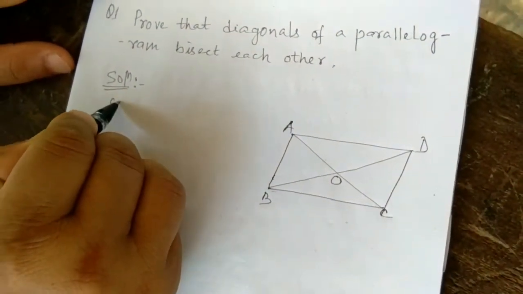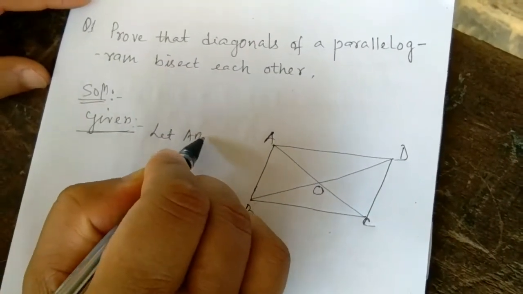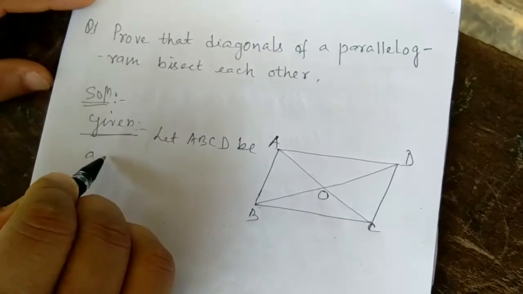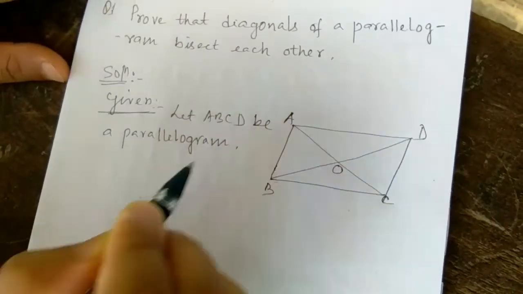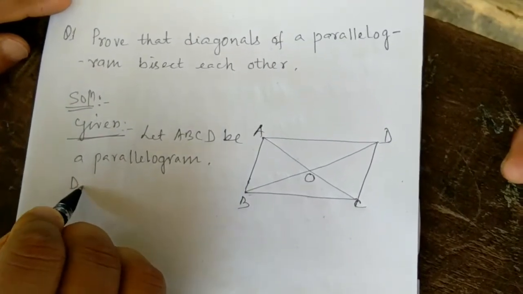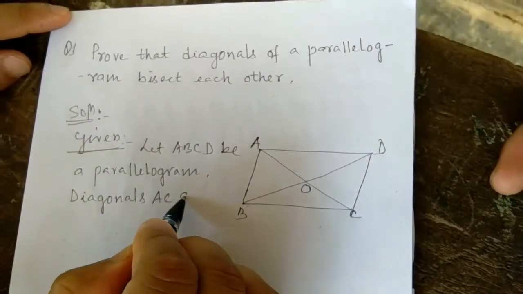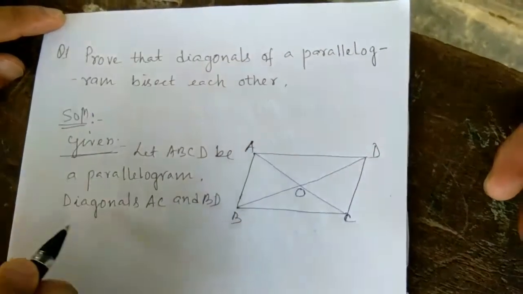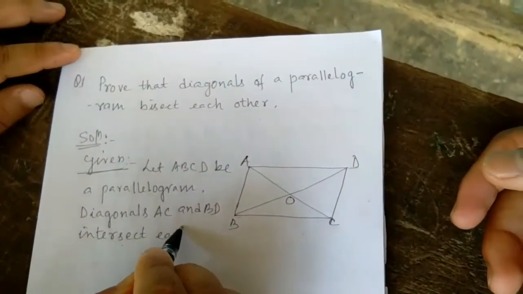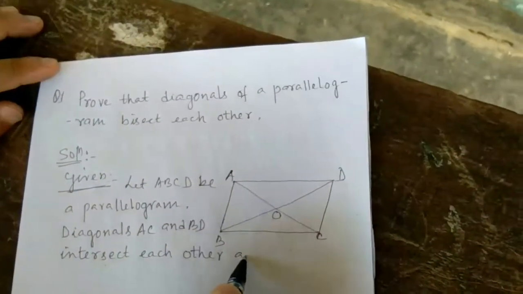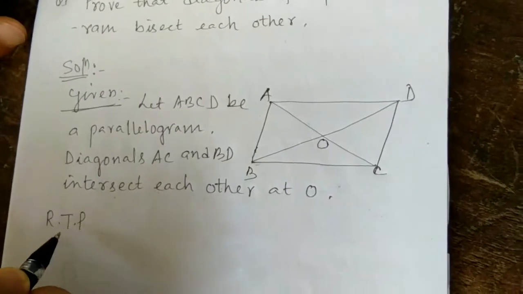Okay, so given: let A, B, C, D be a parallelogram, diagonals AC and BD intersect each other at O. Then RTP, the full form of RTP is required to prove.